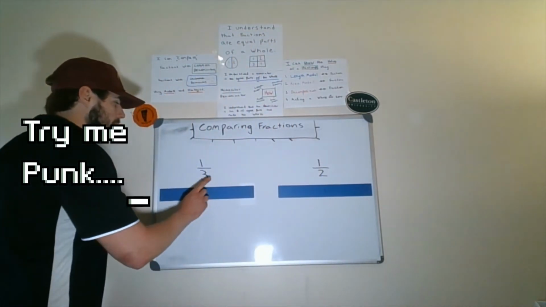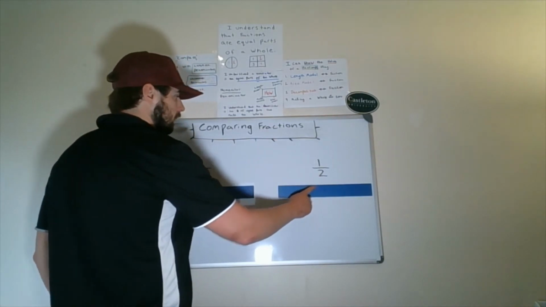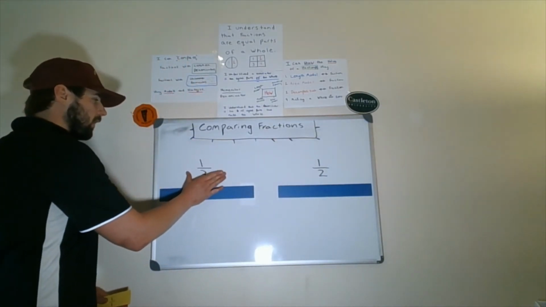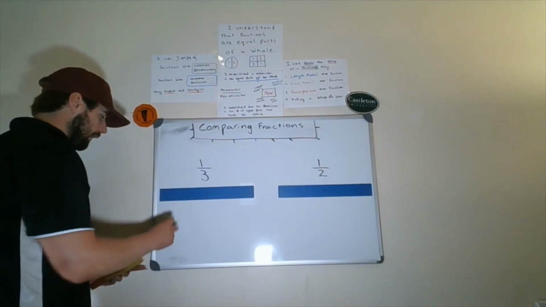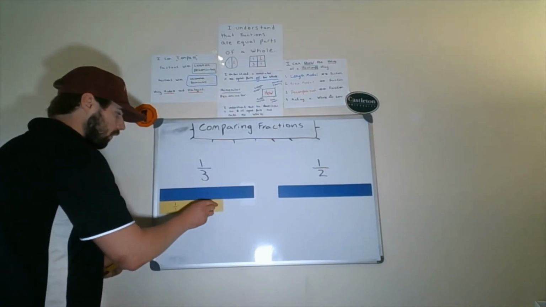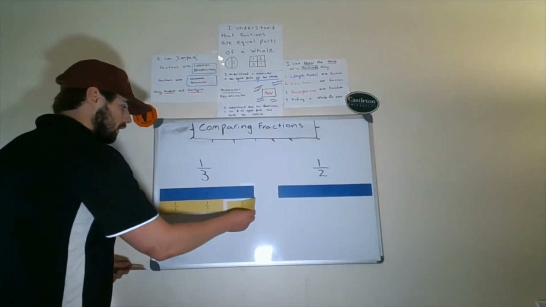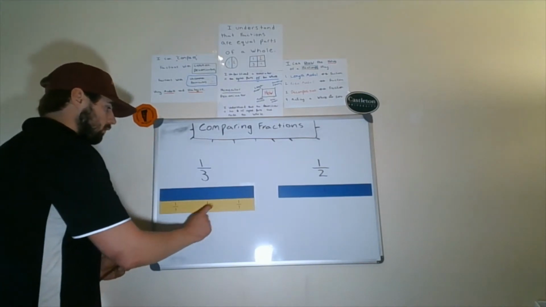We are comparing 1/3 to 1/2. Looking at our 1/3, looking at the denominator, I know there are going to be 3 equal parts that make that whole. 1, 2, 3.